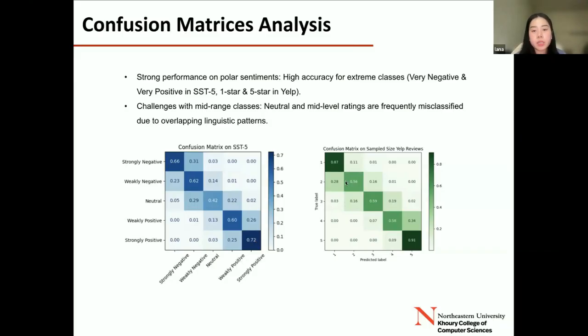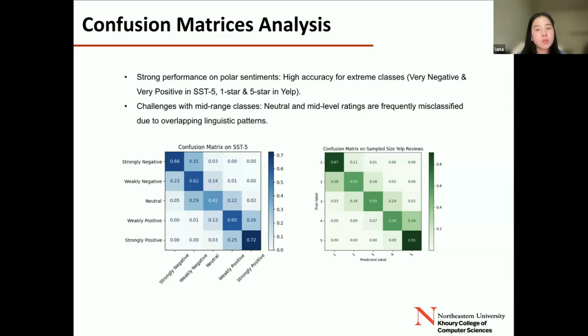While in Yelp Reviews, it has 87% for 1-star and 91% for 5-star reviews. So it highlights the model's ability to classify sentiment with strong emotional cues.